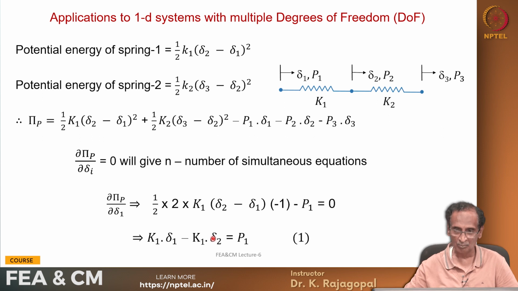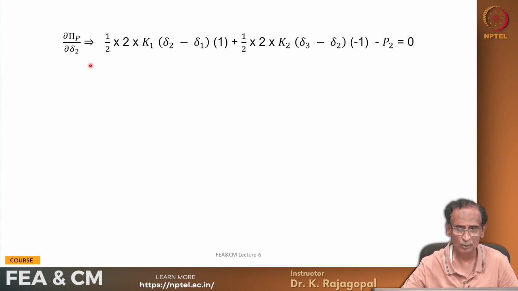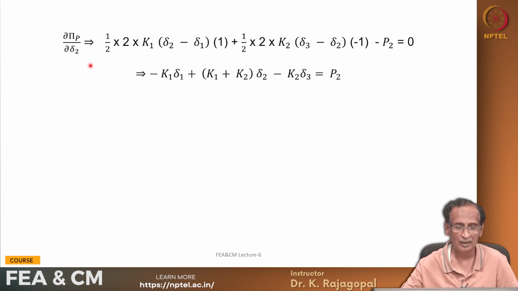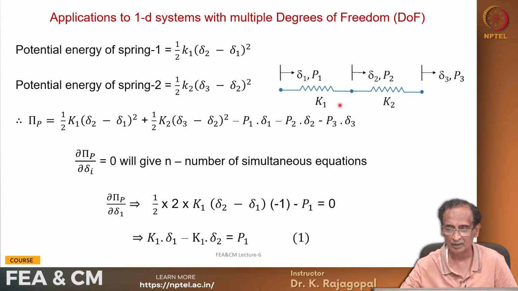Okay? And then when we differentiate this with respect to delta 2, we get an equation in terms of all the three degrees of freedom, delta 1, delta 2 and delta 3. That is because the delta 2 is connected to both delta 3 and the delta 1.